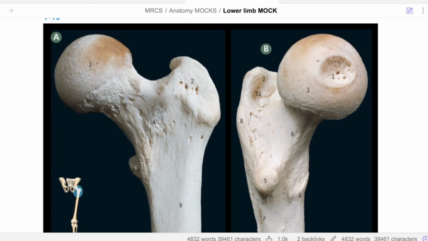Crest or line? The intertrochanteric line, yes. What about 5? The lesser trochanter. 2? The greater trochanter. What about 11? The piriformis fossa. 1? The fovea. Okay, well done.